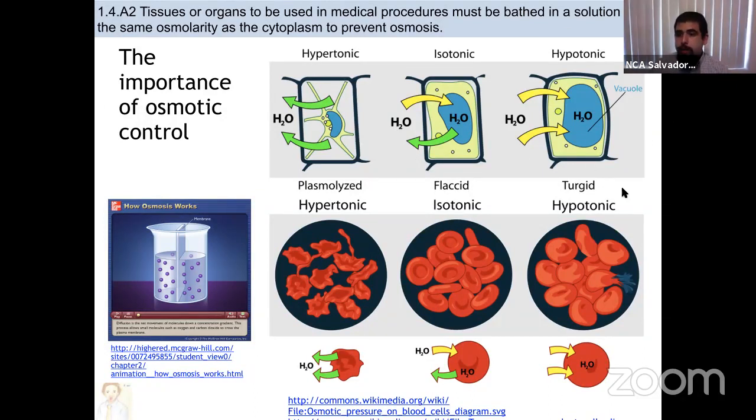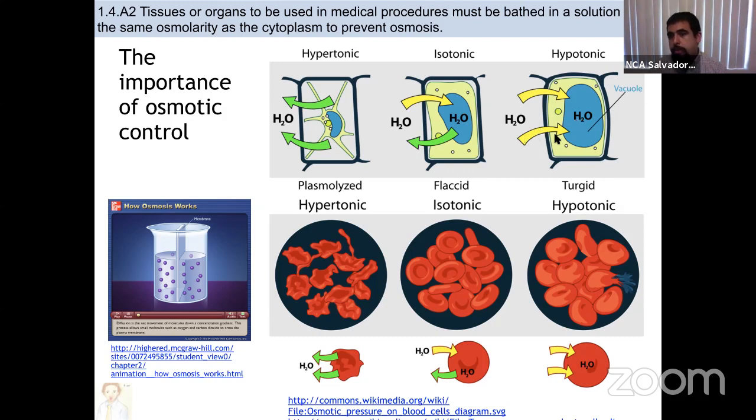Now, hypotonic is going to cause water to flood into the cell. If water floods into the cell, is the solute concentration higher or lower on the inside? Higher on the inside, right? Because we always move from low to high concentration.